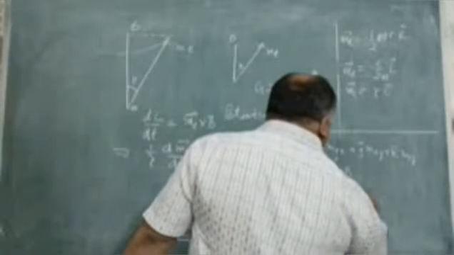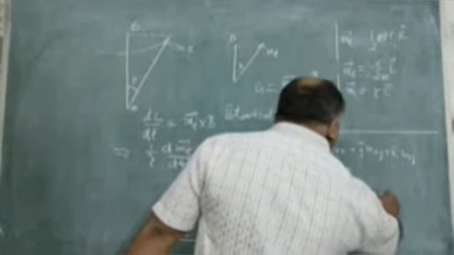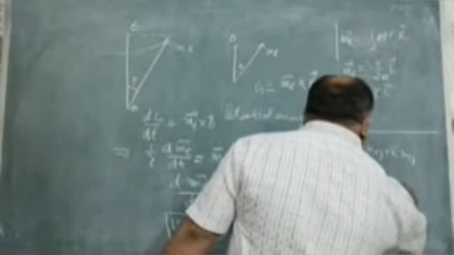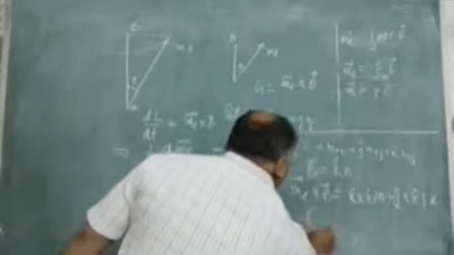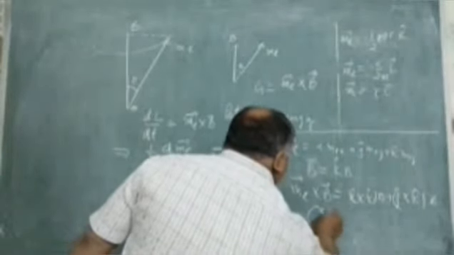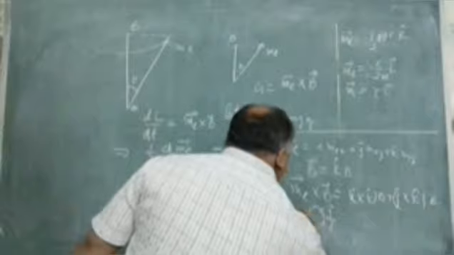you have i cross k B plus j cross k B, with i cap, j cap, k cap.